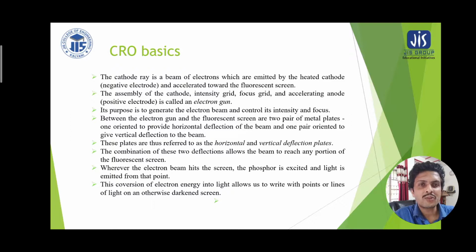Between the electron gun and the fluorescent screen are two pairs of metal plates, one oriented to provide the horizontal deflection of the beam, and one pair oriented to provide vertical deflection of the beam.